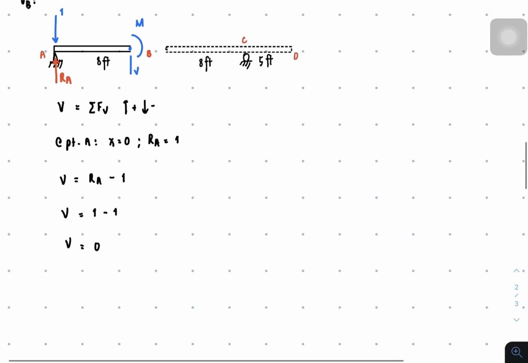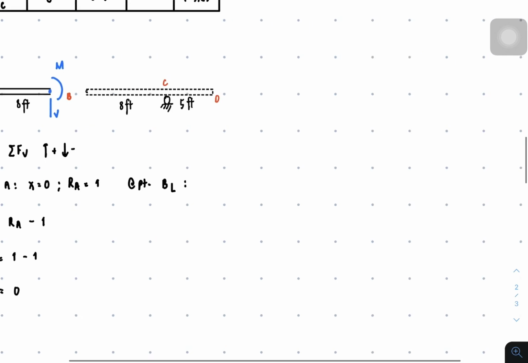Next, we are at point B, left. So why is it left again?